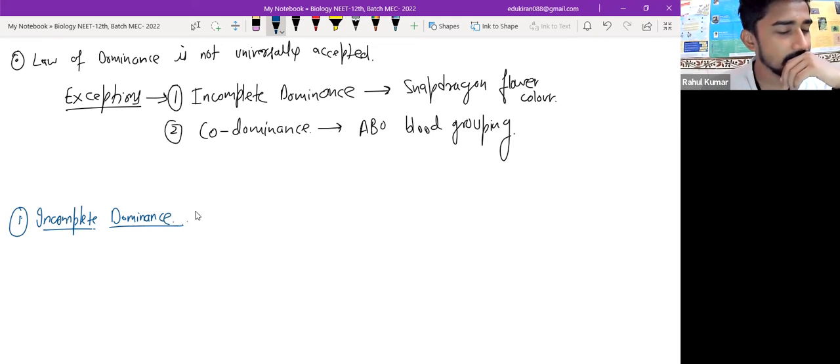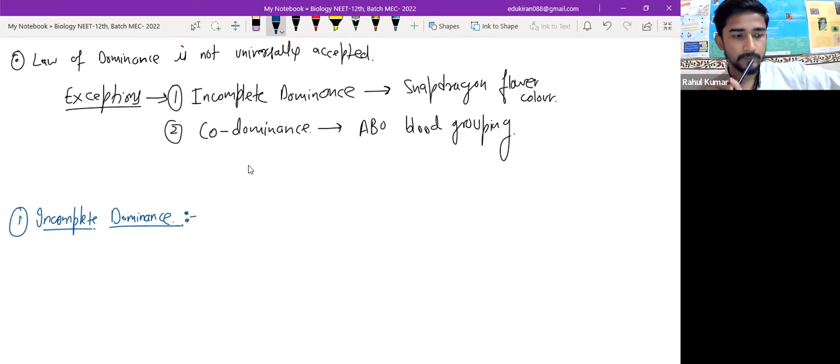Incomplete dominance is where any one allele is not able to express itself totally over the other allele in a heterozygous condition.